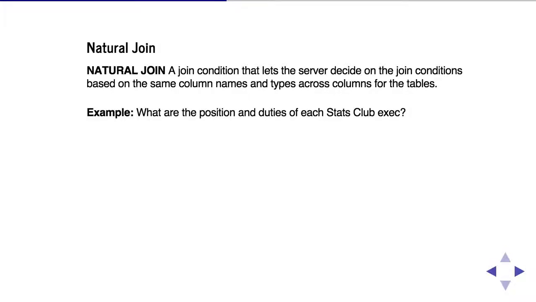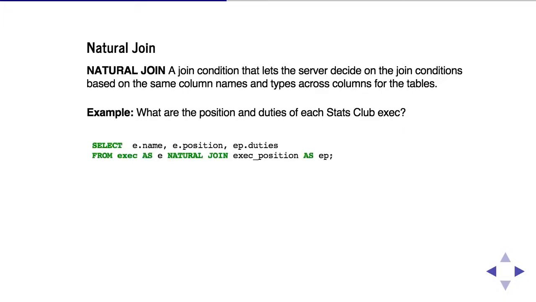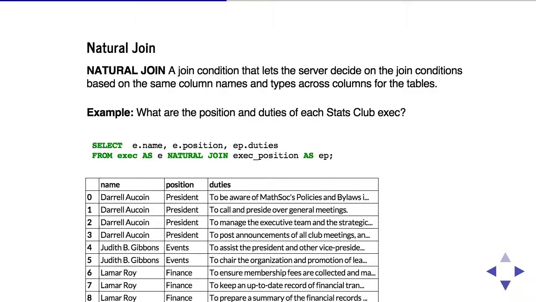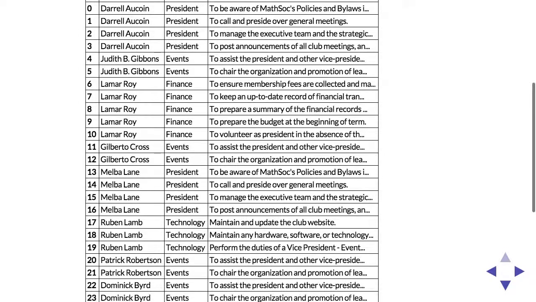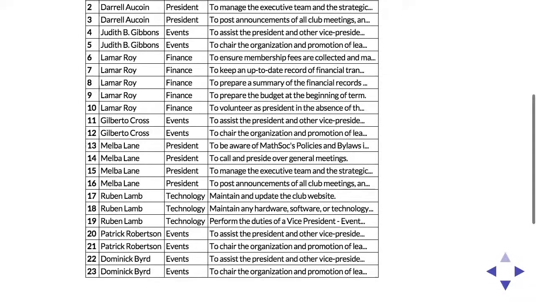For instance, what are the names and duties of Stack Club execs? If we select name, position from the exec table, and duties from the exec positions table, joining exec as E natural join exec positions EP, we get this here, where it has my name as president, and these fake people, and the various positions we have, including all the duties.